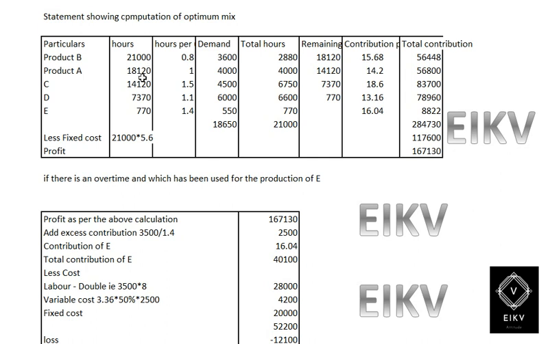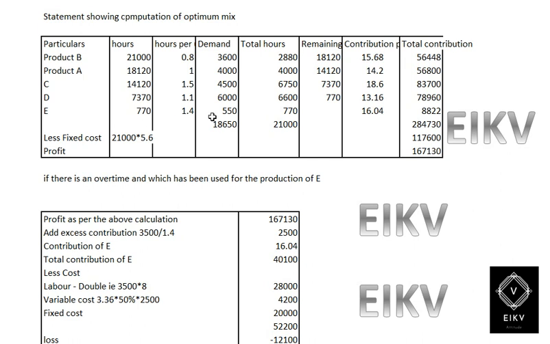Then you go for product A, which is the second rank. 18,120 is the remaining hours, and for manufacturing product A we need 1 hour for 1 unit. The annual demand is 4,000, so the total hours required for product A is 4,000 hours. When we subtract this amount from the remaining hours, we get 14,120, and so on.